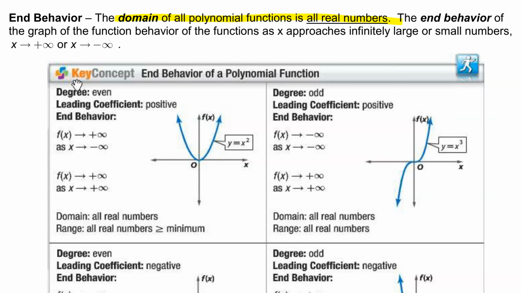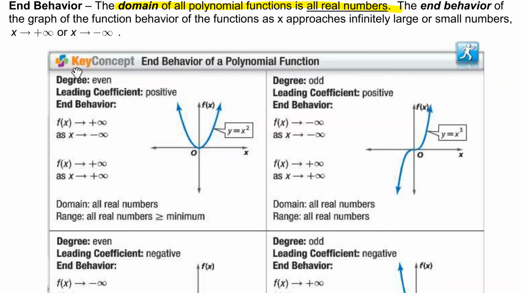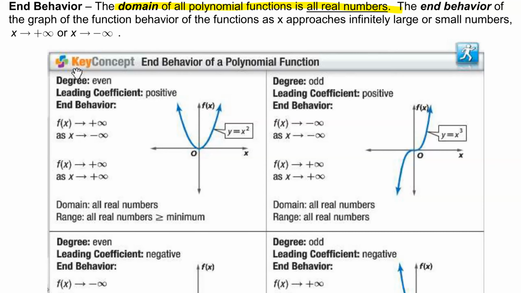You did. Yeah, probably. The end behavior of the graph of the function behavior of the, oh my god. What did I write? Is today the 16th?